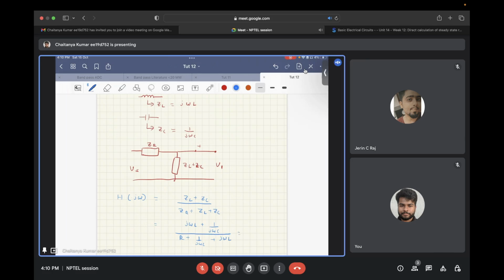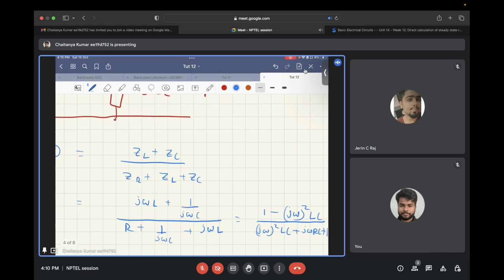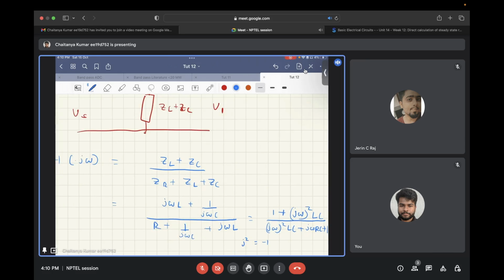And this comes out to be 1 minus j omega squared LC divided by j omega squared LC plus j omega RC plus 1. Now j square, as you all know, is equal to minus 1. Sorry, this will be plus over here. And j square will be equal to minus 1.